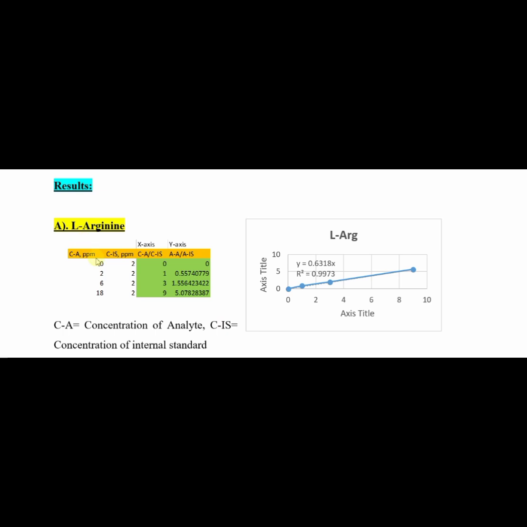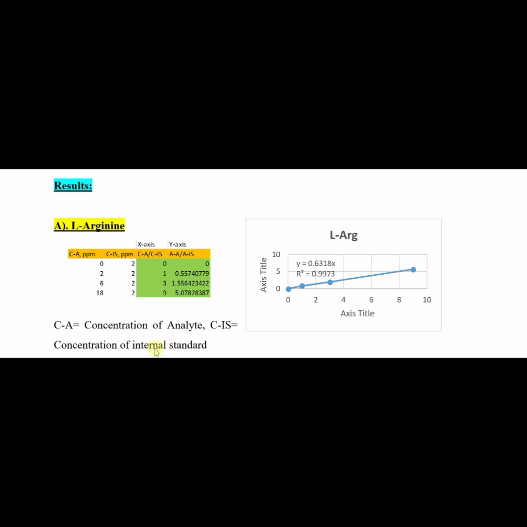These are the results. For L-arginine, x-axis and y-axis were determined as described in my previous briefs. So Ca is the concentration of analyte, like 0 ppm, 2 ppm, 6 ppm, 18 ppm.